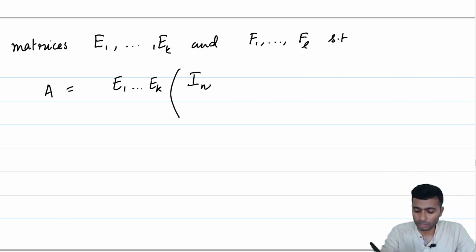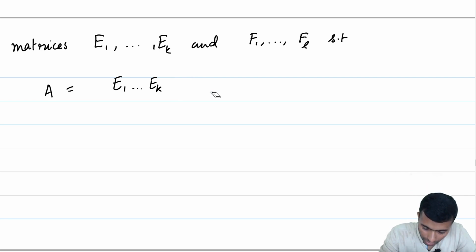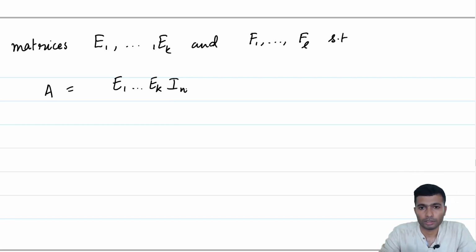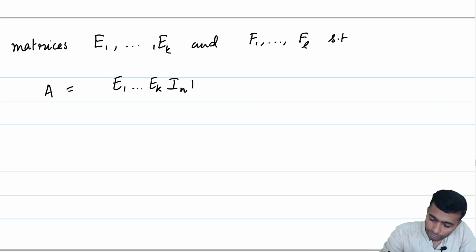Let me draw your attention to what would be the remaining blocks. There are no remaining blocks, because R here is n. So for an n cross n matrix, n minus R is n minus n, which is 0. So it is just going to be In here, the only block is the identity block, followed by F1 through Fl.